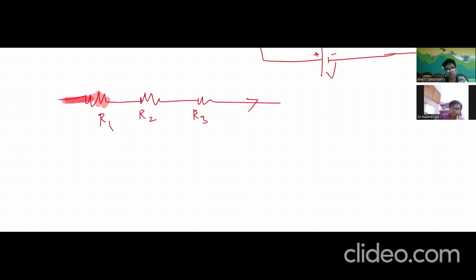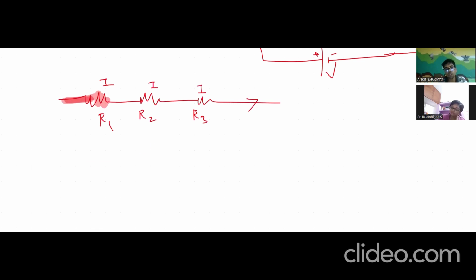Clear? I told this orally because in competitions they can ask what the disadvantage of series combination is. Next, for example, R1, R2, R3. In series, across R3 the current is I, here the current is I, here the current is I, because all are in series.